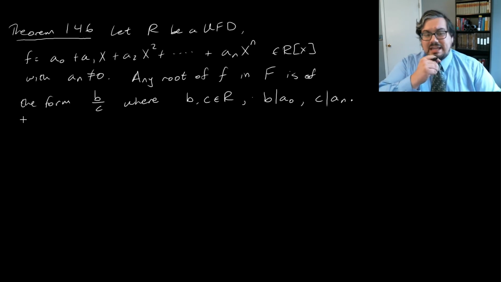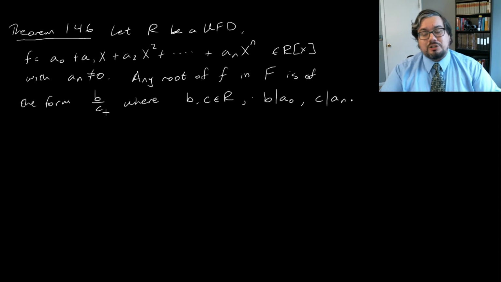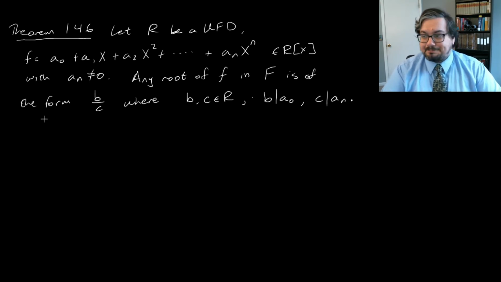Although I should say, if the ring R has infinitely many units in it, then it doesn't necessarily bring us down to a finite set of potential roots to check. But it's still a much smaller collection of things to check than the whole field.